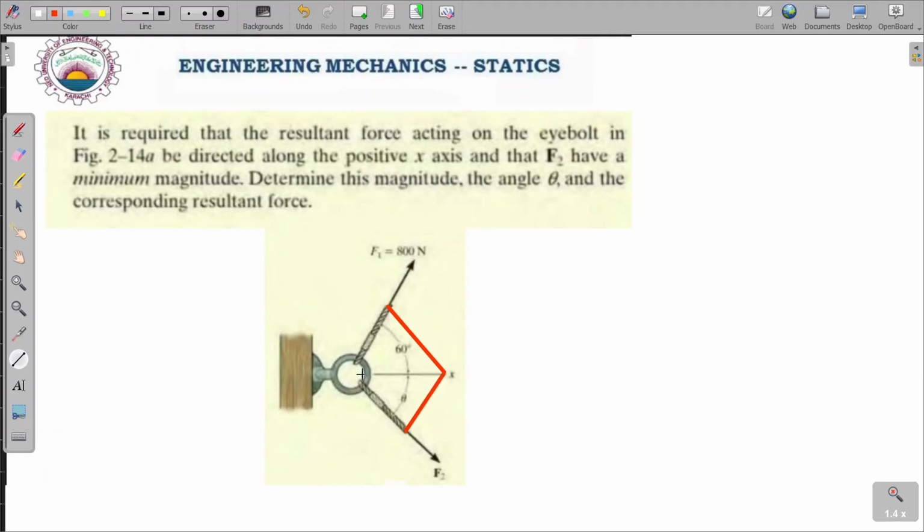So this is going to be our resultant. This parallelogram has been created, and we have this as FR. Remember, if this is an F1 force, this is also F1, and if this is F2, this is also F2. Let's proceed.